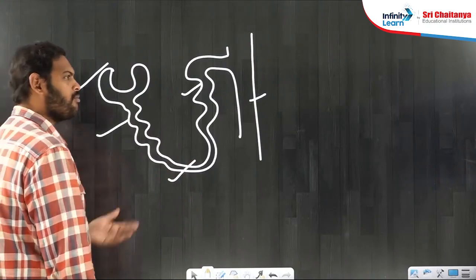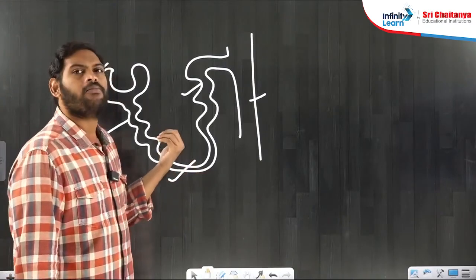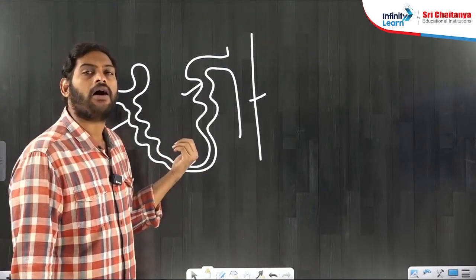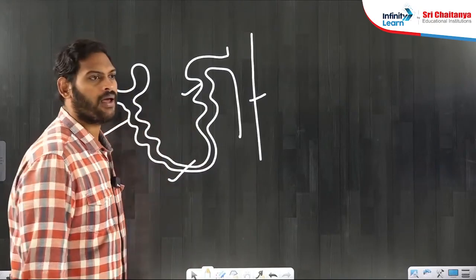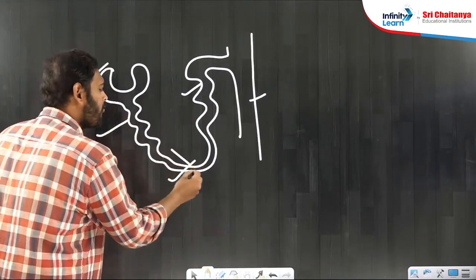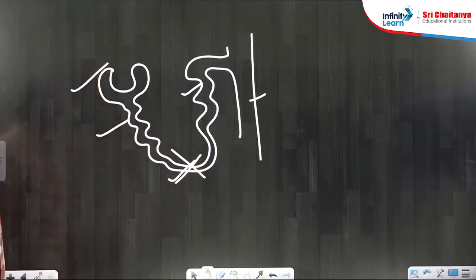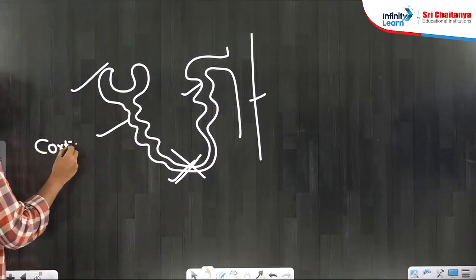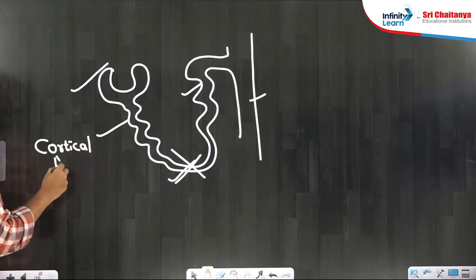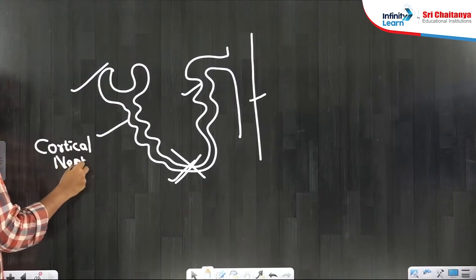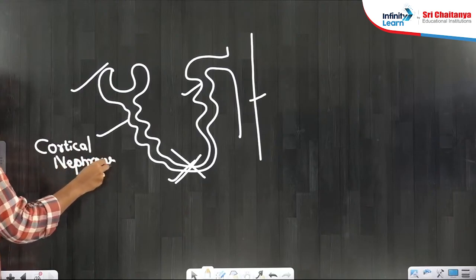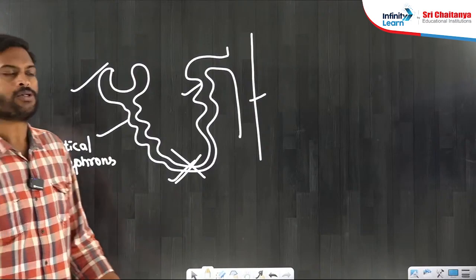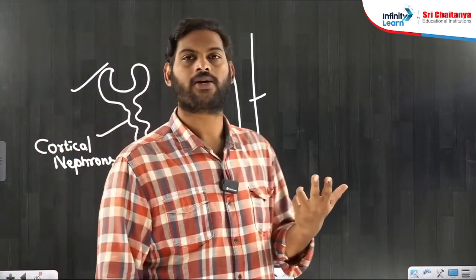And for your surprise, more than 70% of our nephrons are like this, and they will not have loop of Henle too much, and these nephrons are referred as cortical nephrons. So we do possess two types of nephrons.